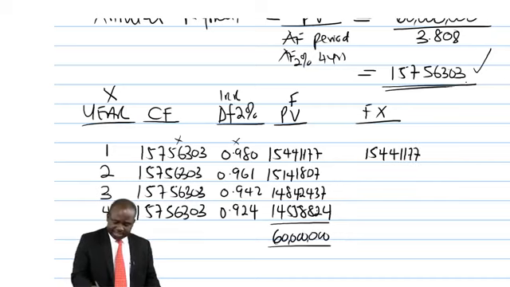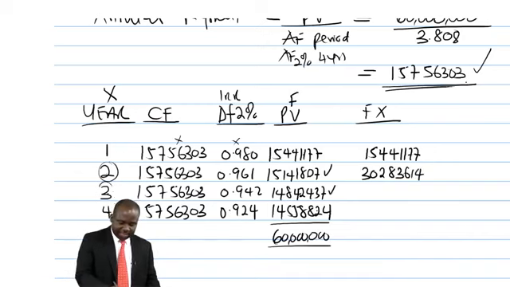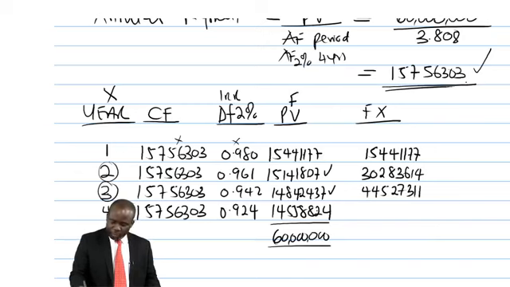1,544,1177. This times 2, so this times that will give us 30283614, and then this times 3, that will give us 44527311, and then this times 4, which will give us 58235296.